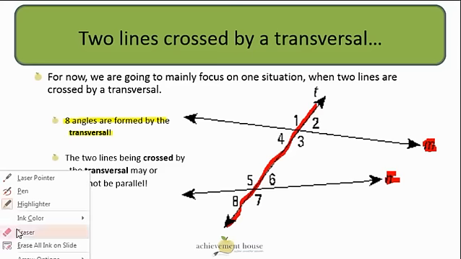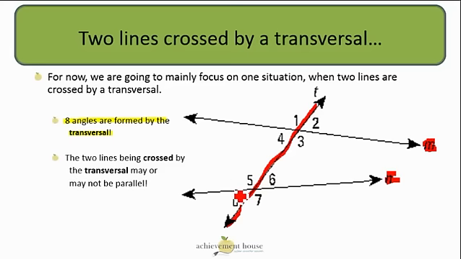We talked about alternate interior angles, which for example would be the angle pair angle 5 and angle 3 right here. We said if line M is parallel to line N, then angle 5 is congruent to angle 3.